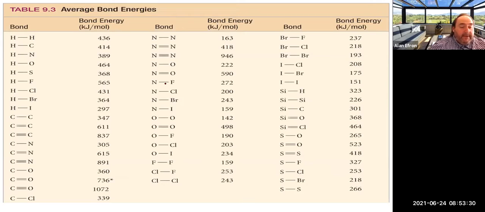For example, right here: single bond of nitrogen, double bond of nitrogen, triple bond of nitrogen. Energy to break the single bond, 163. Energy to break the double bond, 418, much more energy. Energy to break the triple bond, 946. Again, as we keep adding those bonds, the distances between the nuclei get shorter, which means they're going to be held a lot tighter and take a lot more energy to break.